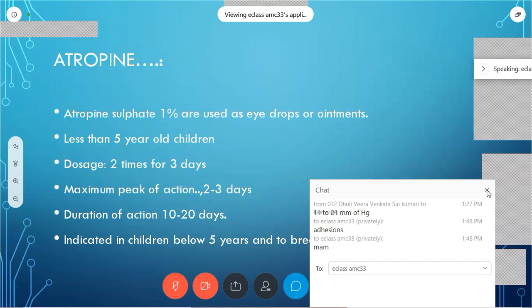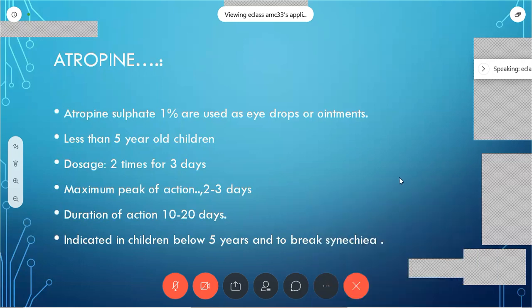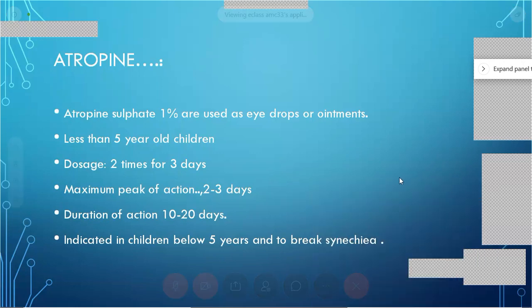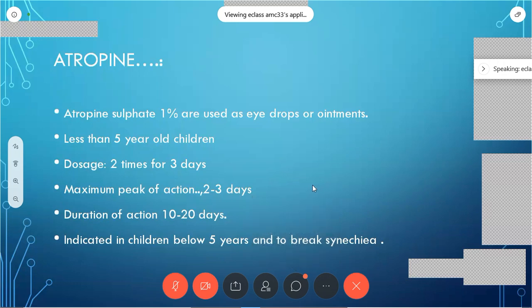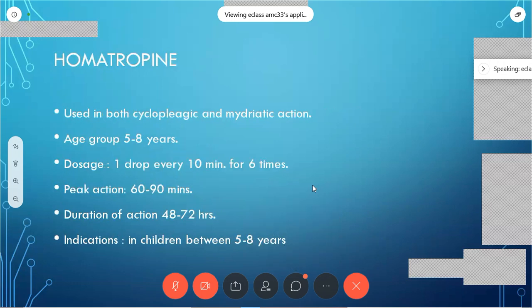And what are the other indications? In case of any corneal ulcers also, to give rest to the ciliary muscle, to relieve the ciliary body tone, we'll prescribe atropine in the form of 1% eye drops.